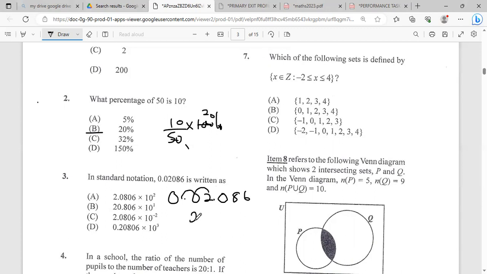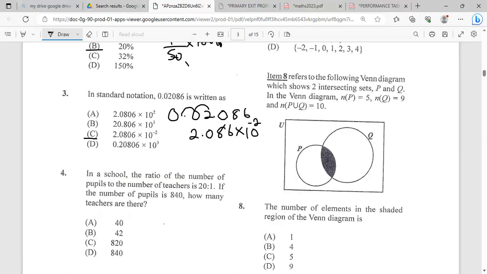So our answer would be 2.86 times 10 to the number of places we move, which is 2. However, we must check to see where this decimal point is now in respect to the original. So the original was to the left. So it should be negative, because when you're dividing, it should be negative. So that would be C.